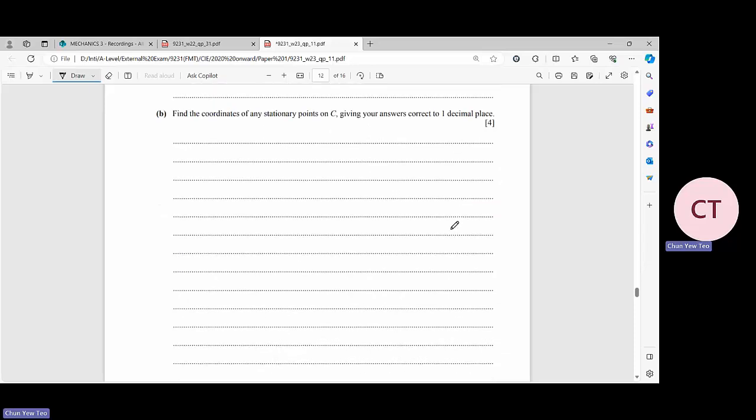Then after that, we want to find the coordinates of any stationary points, giving your answer correct to 1 decimal place. Okay, so they want the answer in 1 decimal place. What you need to do now is to differentiate f prime: keep the bottom, differentiate the top, minus keep the top, differentiate the bottom, divided by the bottom squared.